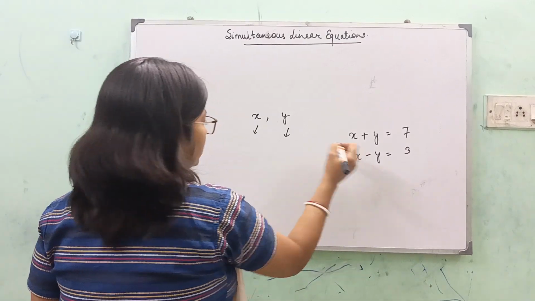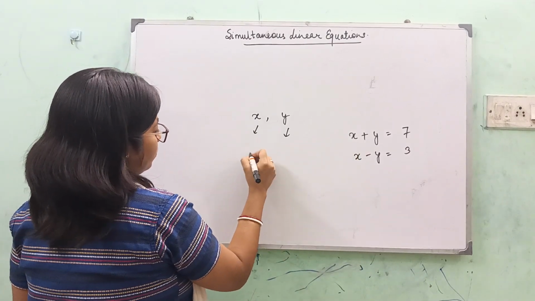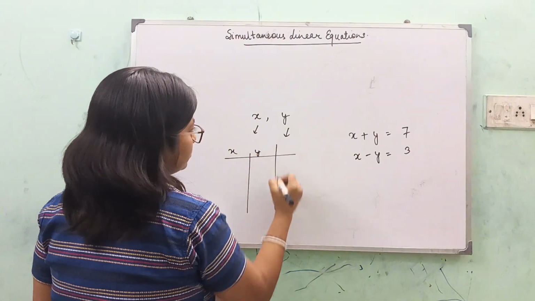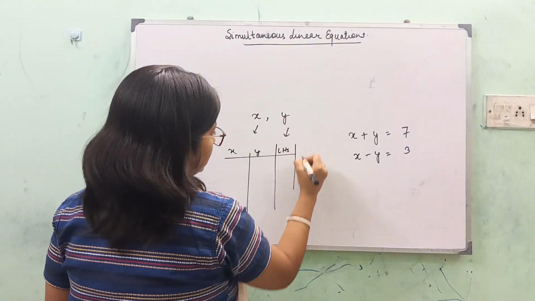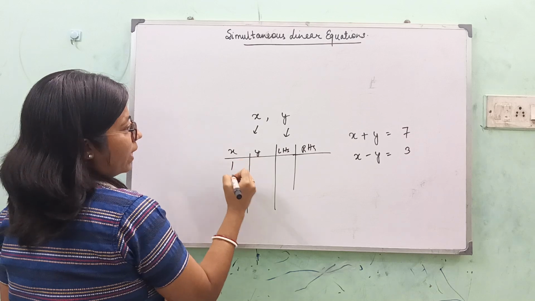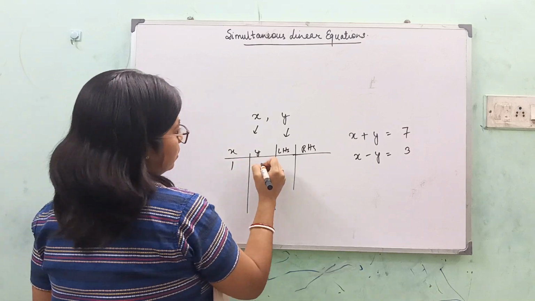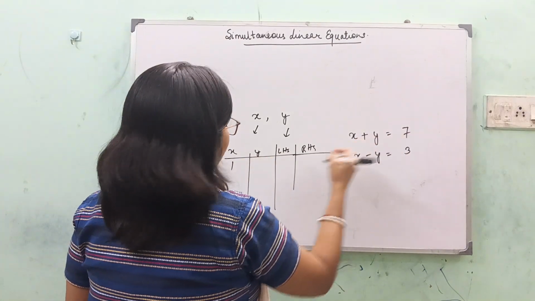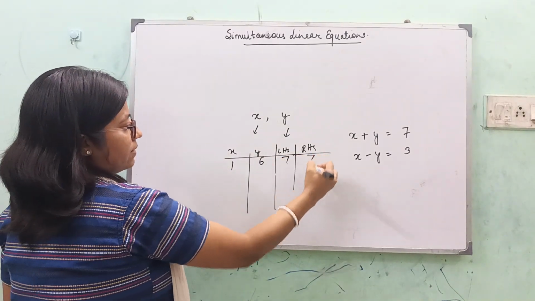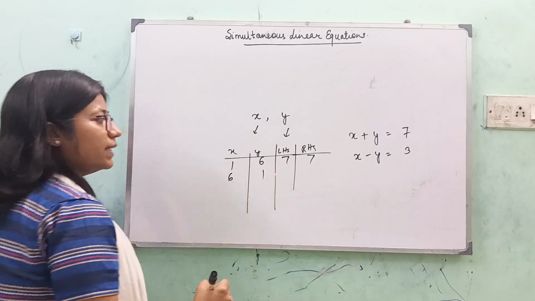Let us check for the first equation, x plus y equals 7. 1 and 6 we can take: 1 plus 6 is 7. 6 and 1 also we can take.